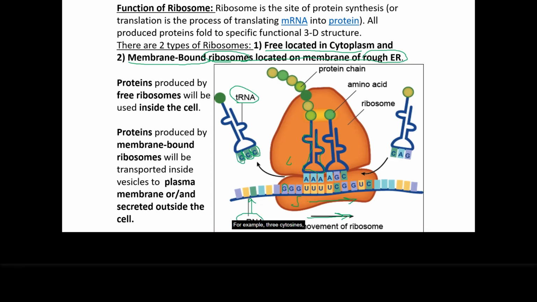For example, three cytosines, and each of them holds one amino acid, of a different type. So these different transport RNAs will come and attach in a complementary way to the nucleotides, and based on this recognition, different amino acids will be attached together in this long chain. And this long chain of amino acids is a protein chain.